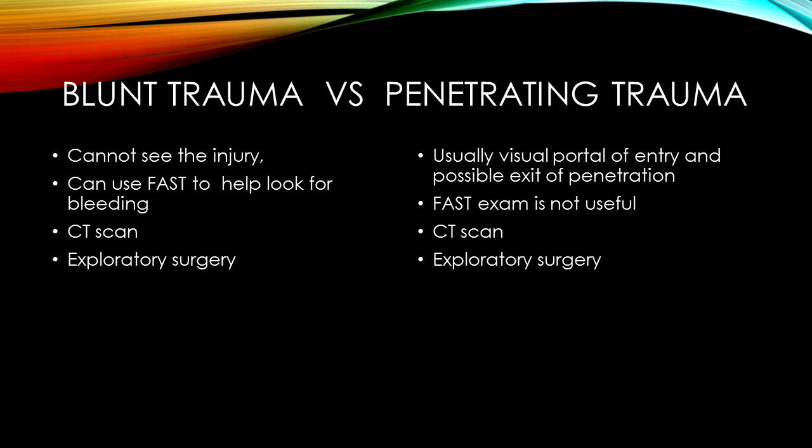A CT scan can show certain things that an X-ray can't, and for penetrating trauma, the FAST exam is not useful. I guess you could use it if you thought you needed to. Exploratory surgery is done sometimes when they can't figure out the mechanism of injury. They'll go in and just try to see if they can find out what's wrong.